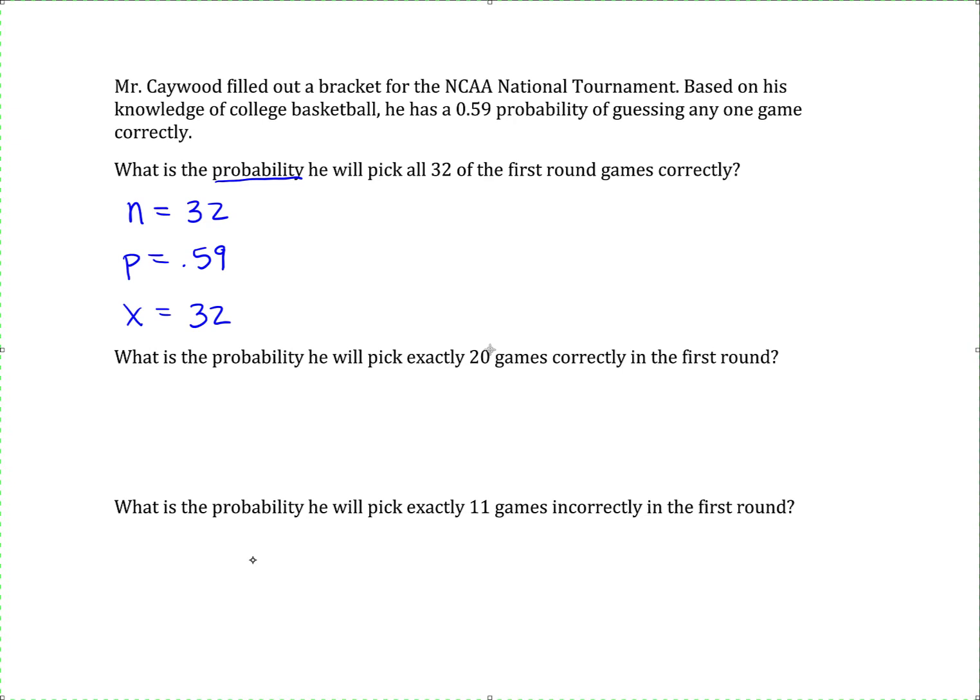Now, in order to do a binomial probability, we have two functions in the calculator that can help: binom PDF and binom CDF. If we are only interested in a single outcome, so oftentimes the wording says exactly X number of successes out of the sample, then we want binom PDF to help us.